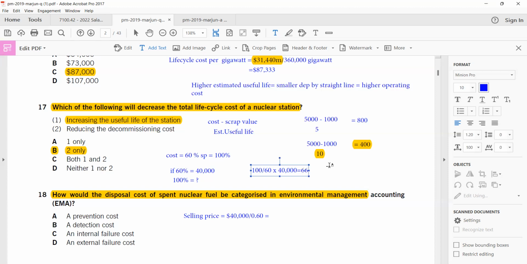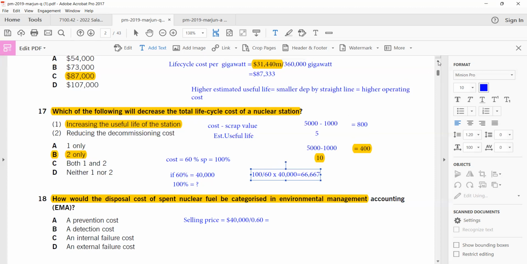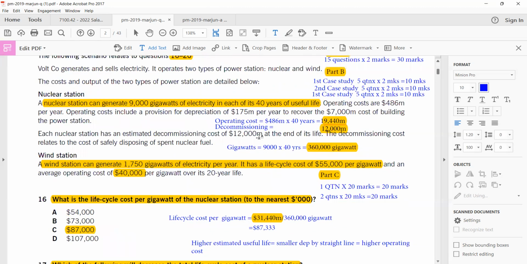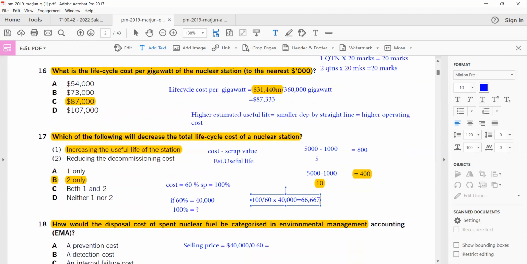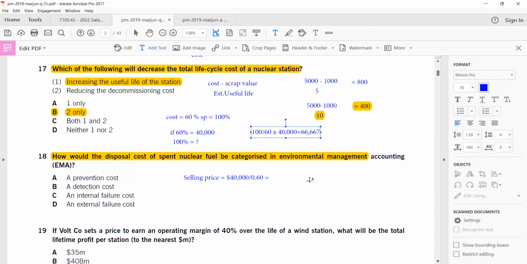66,666.667. So it should be the same answer, 66,667. So that should give you the selling price. Meanwhile, they gave us information that it has a life cycle cost of 55,000. So the selling price was 66,667, and they were having a life cycle cost. So this is the benefit of the product.